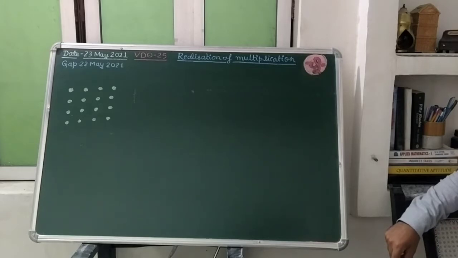Of course, when you look at it, you will find that there are 4, 4, 8, 4, 12 and 4, 16 dots. So we are getting an array of 16 dots, students, and we want to realize this multiplication. Isn't it? So try to realize this. Now 16 dots we are getting, and we are talking about multiplication. So observe it, students.